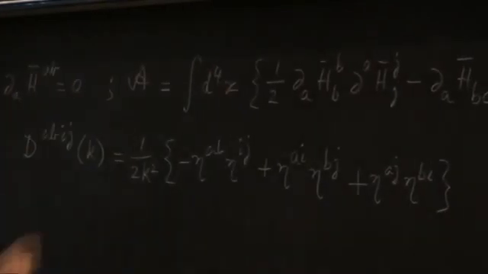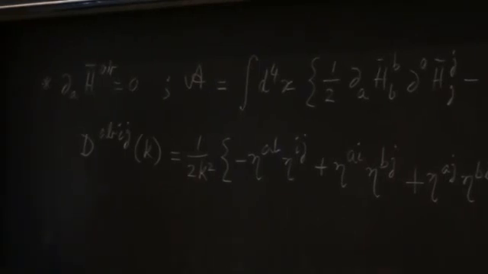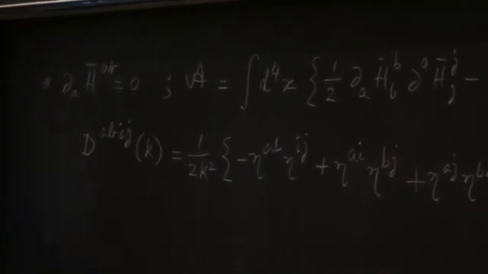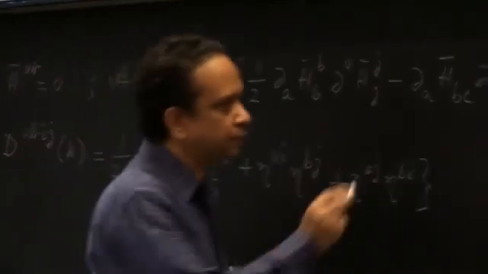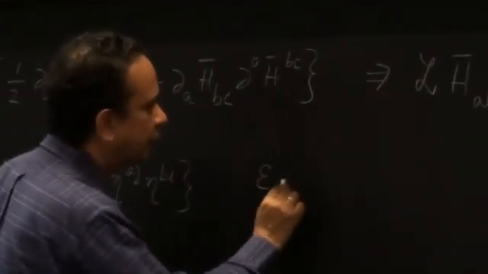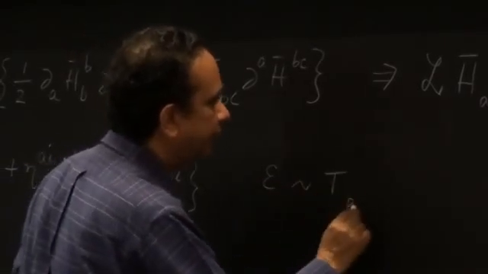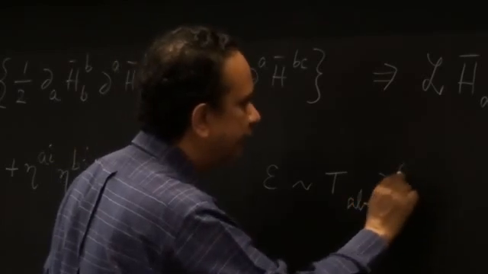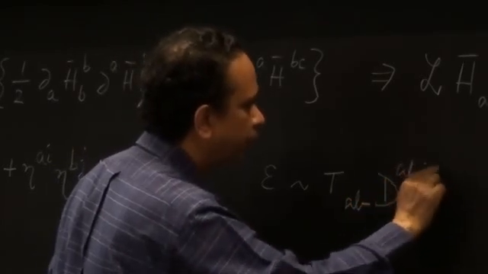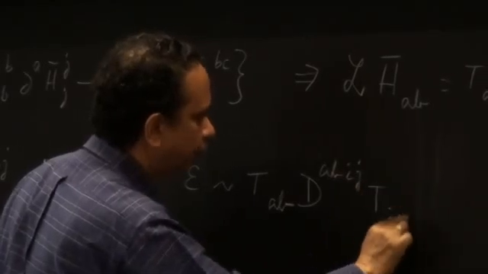Now what is this good for? This is good for a few things. What it tells you is that the coupling between two source distributions given by two energy momentum tensors has the structure T_AB D_AB,ij T_ij.